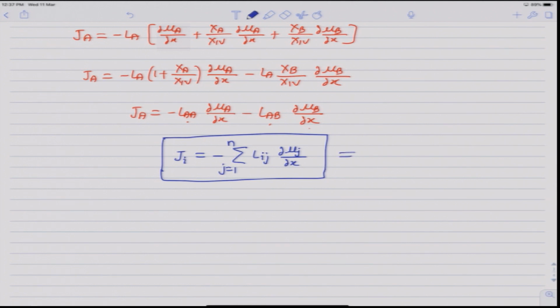So we have obtained the Onsager's relation for diffusion under chemical potential gradient here. It is important to note here that as long as the vacancy mechanism is involved, in order to define the diffusion flux we need both the main kinetic coefficient similar to Laa here, as well as the cross kinetic coefficient Lij when i is not equal to j, similar to Lab here.